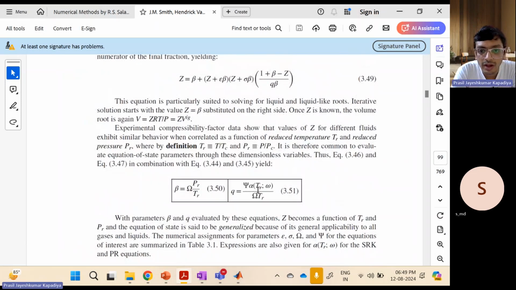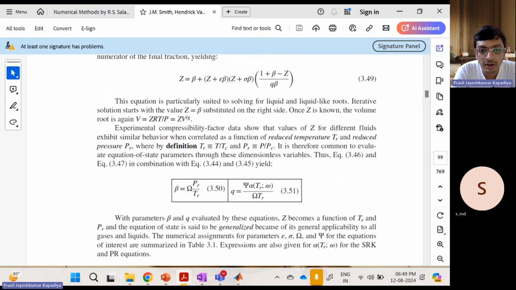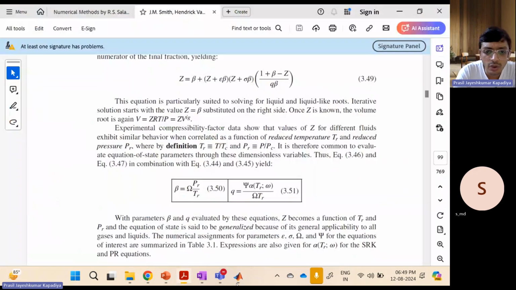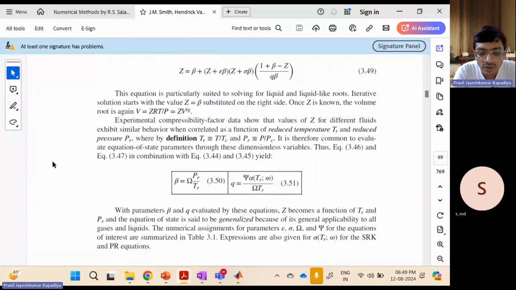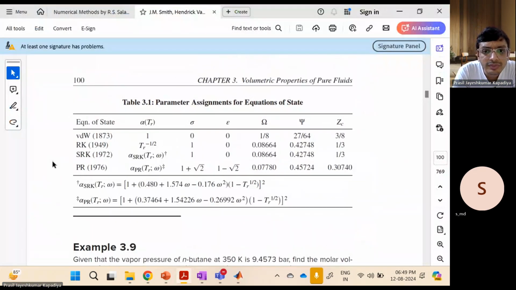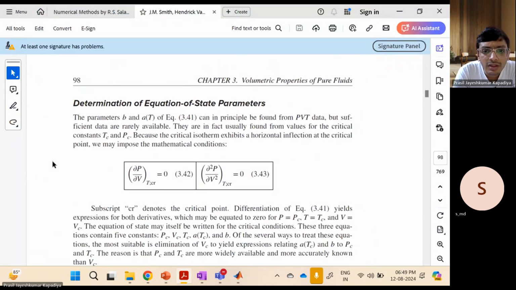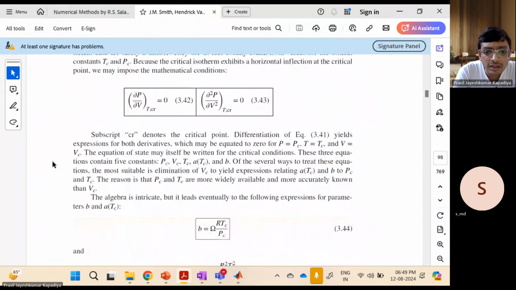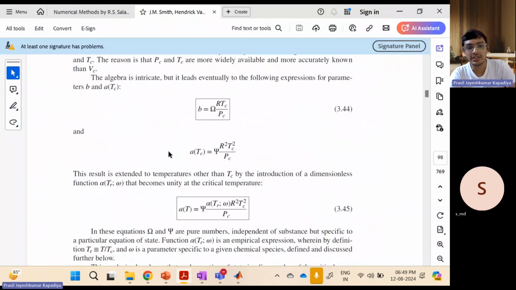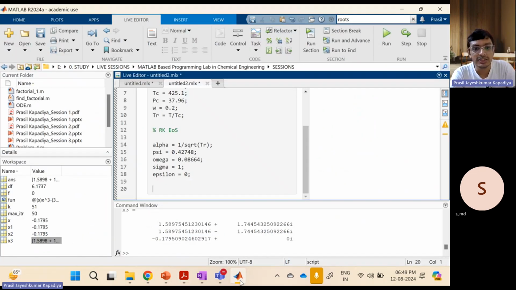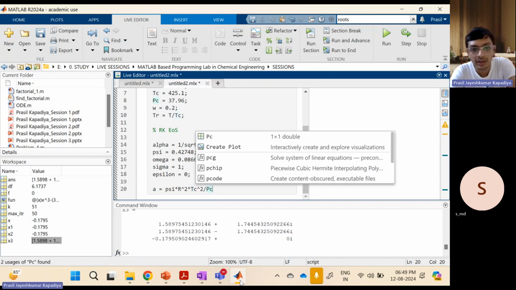So here my A is this value, psi alpha by omega TR. No, this is not A, sorry. Yeah, here. A is psi R square TC square by PC. So I will write down A is equal to psi into R square into TC square divided by PC.